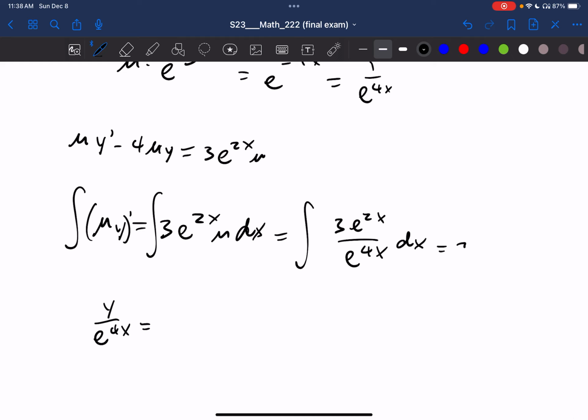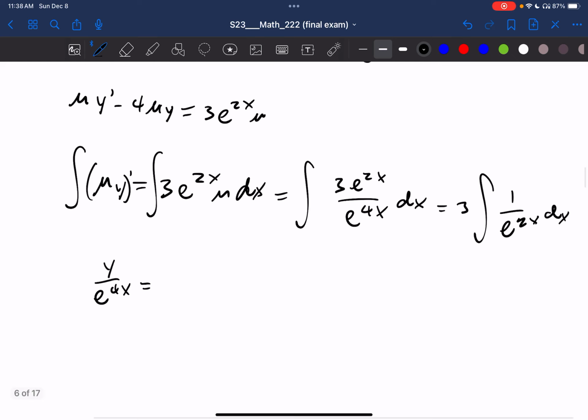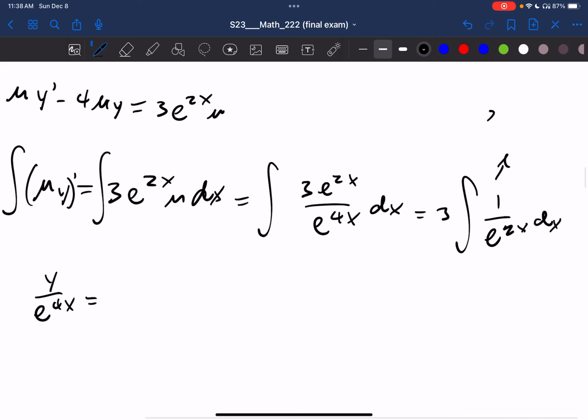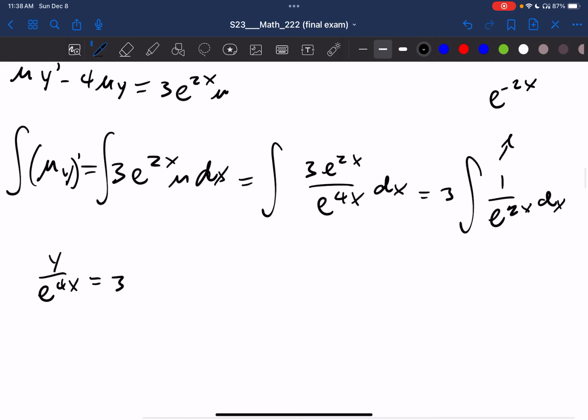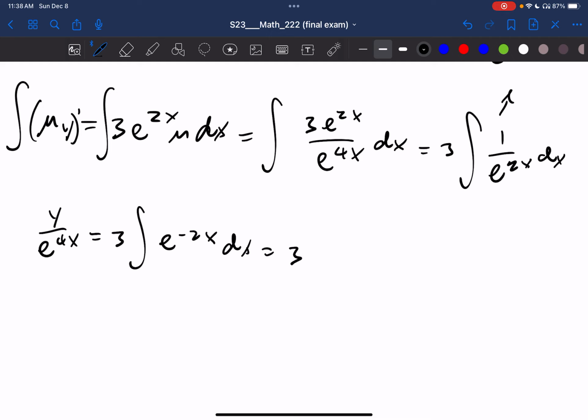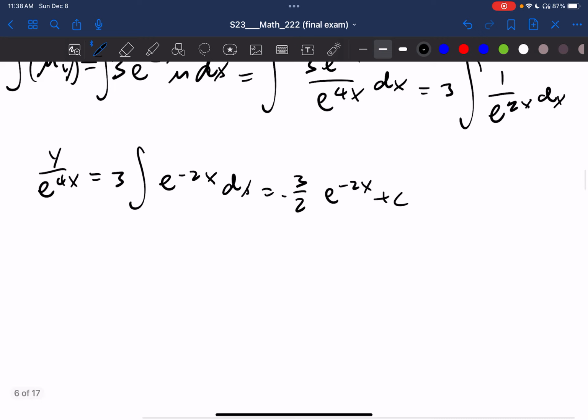This is simply equal to 3 integral of 1 over e to the 2x dx. So we can also rewrite this as e to the negative 2x. We're going to get 3 integral of e to the negative 2x dx. This will be equal to negative 3 divided by 2 e to the negative 2x plus c, I believe.